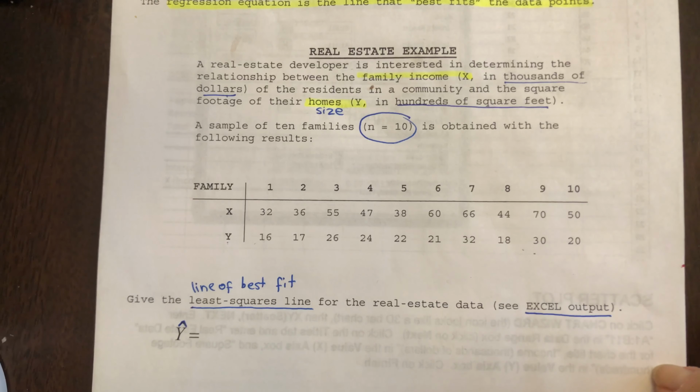Now I'm going to show you some Excel output, just like I did for correlation. And then you'll also see some other examples in the videos that are included in Blackboard, so you'll get lots of different examples for how to do this.